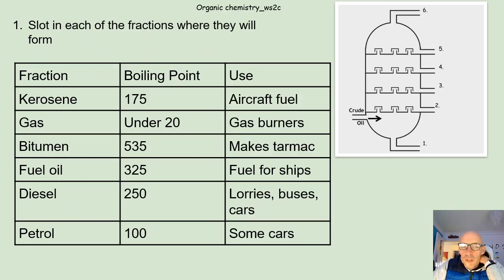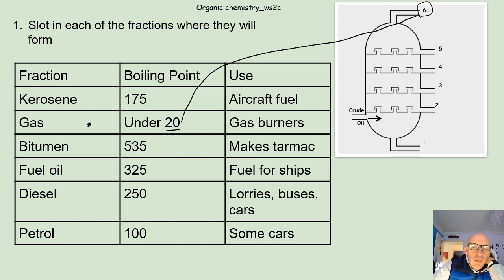Now what I'd like you to do on the same diagram is just add your fractions on. So for example, you'll look at gas, that's the shortest chain, it's under 20. Gas, I'll be matching up with number 6. So pause first and we'll go through that. Okay, so hopefully you've labelled them yourself now. So there's the under 20.